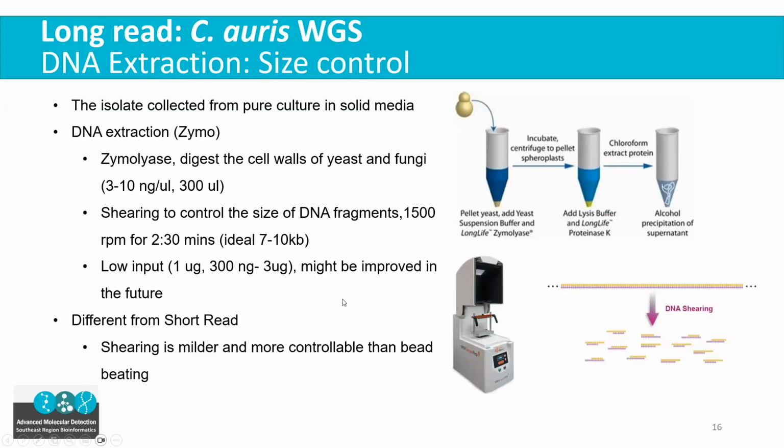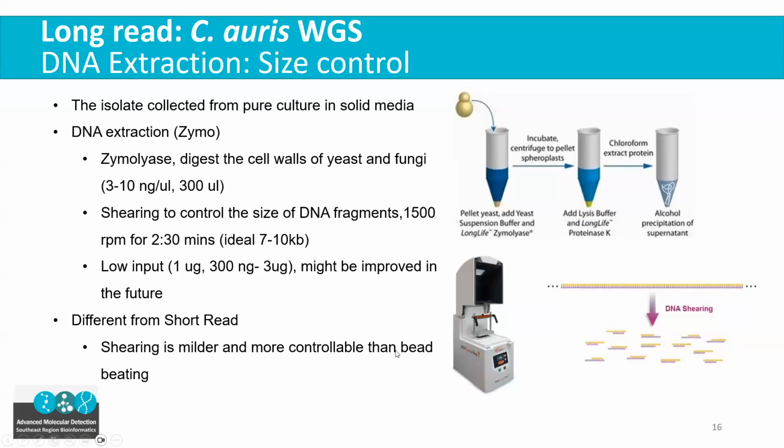We typically obtain around 1 microgram of DNA per sample, but after laboratory prep and multiple purification steps, the final yield may be way less. It's one third of the original concentration.